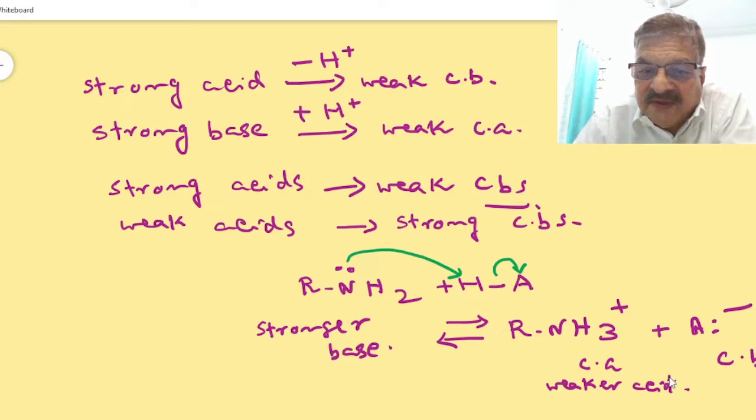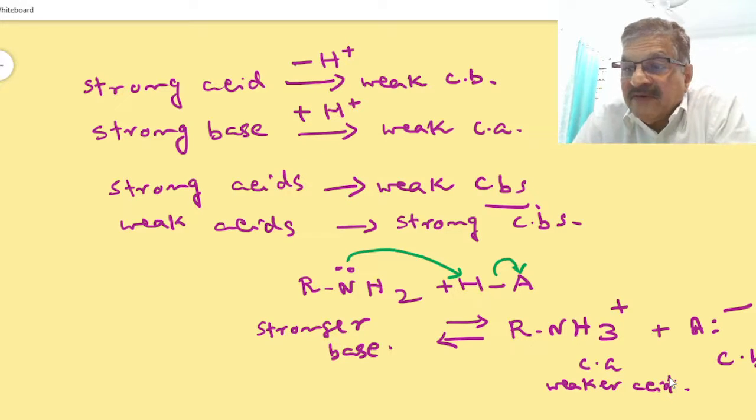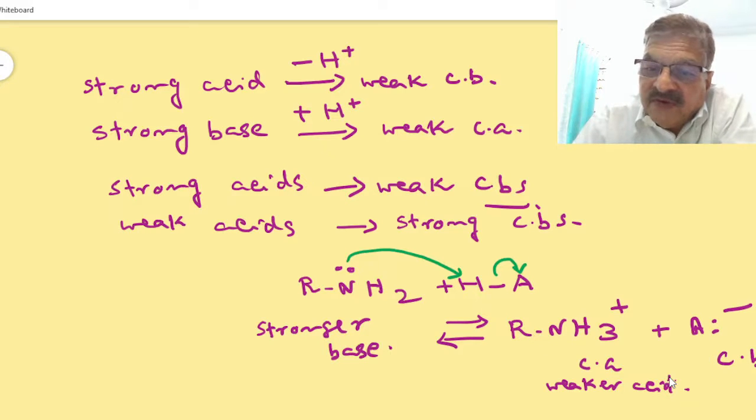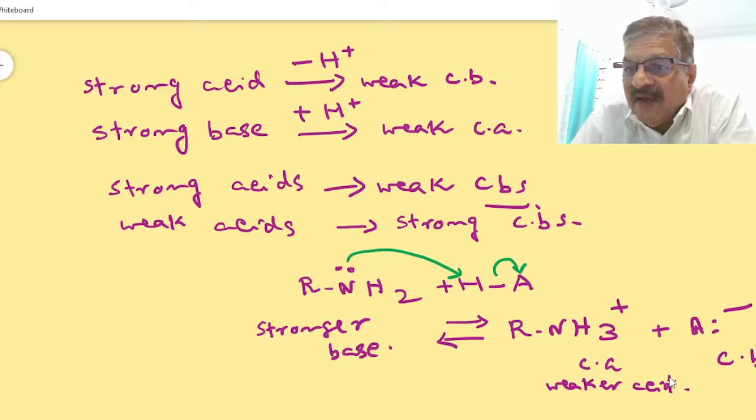The reverse is also true. RNH2, a strong base, reacts with an acid HA, and we get RNH3+, a weaker conjugate acid.